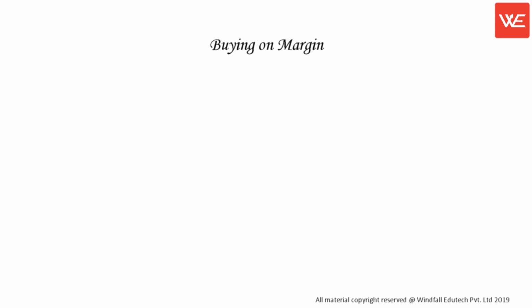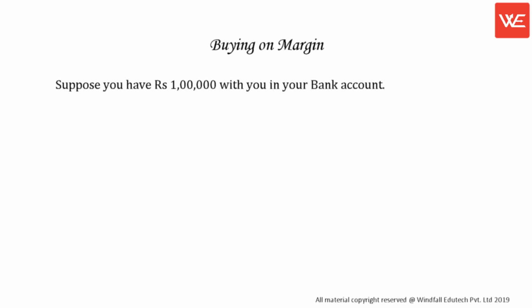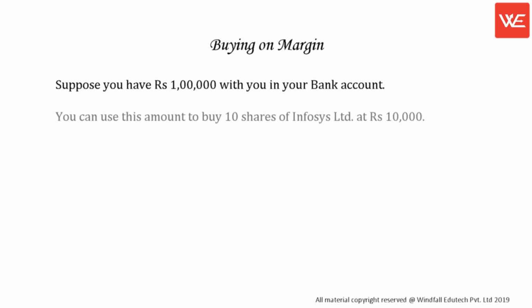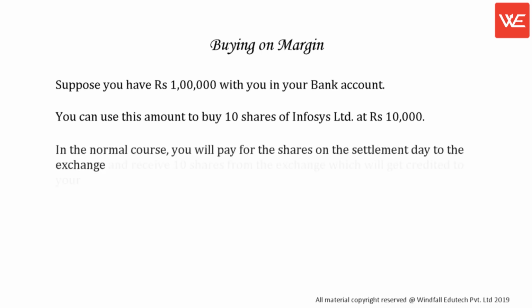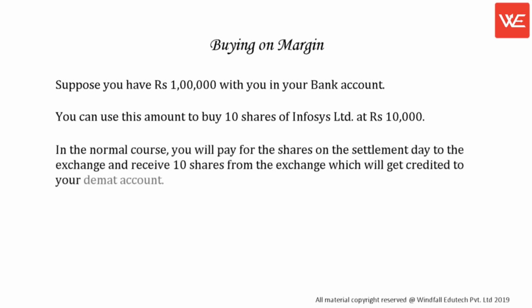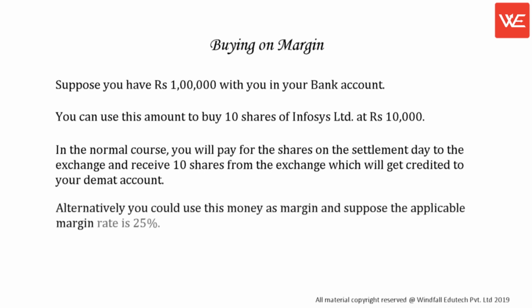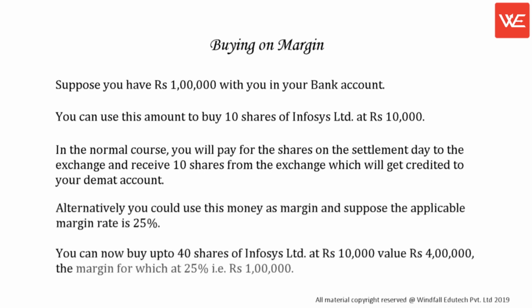Buying on margin. Suppose you have Rs 1 lakh in your bank account. You can use this amount to buy 10 shares of Infosys Limited at 10,000 rupees. In the normal course, you will pay for the shares on the settlement day to the exchange and receive 10 shares from the exchange, which will get credited to your Demat account. Alternatively, you could use this money as margin, and suppose the applicable margin rate is 25%.